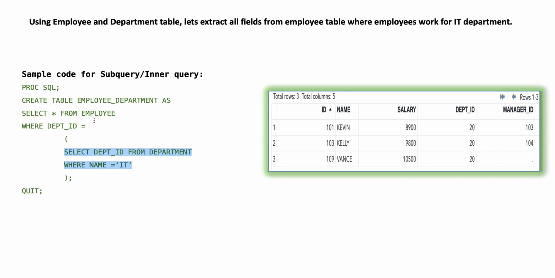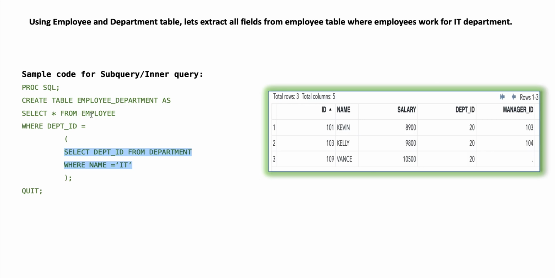Now we have the value department ID = 20. Then this value is used to execute the outer query. That means the outer query executes. It selects all fields from the employee table where department ID = 20.